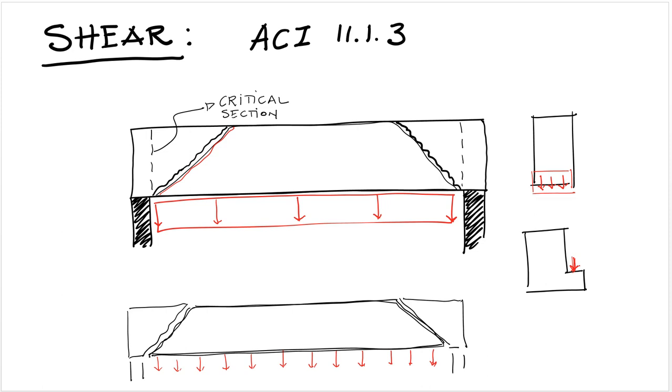And so you can't reduce the shear at the critical section, and so in this case the critical section is at the face of the support if the load is acting near the bottom of the member.